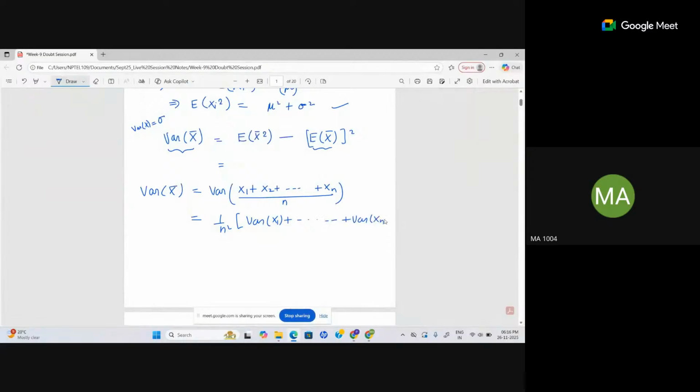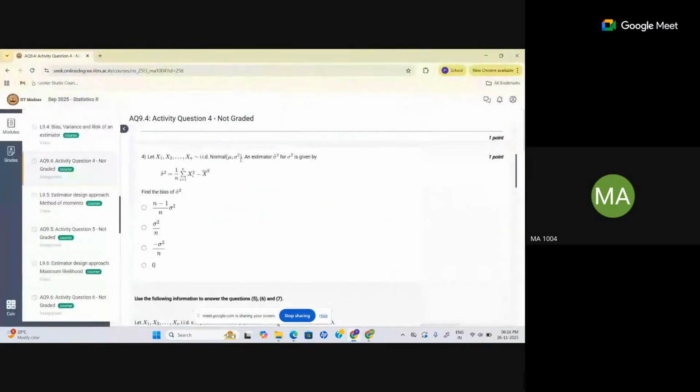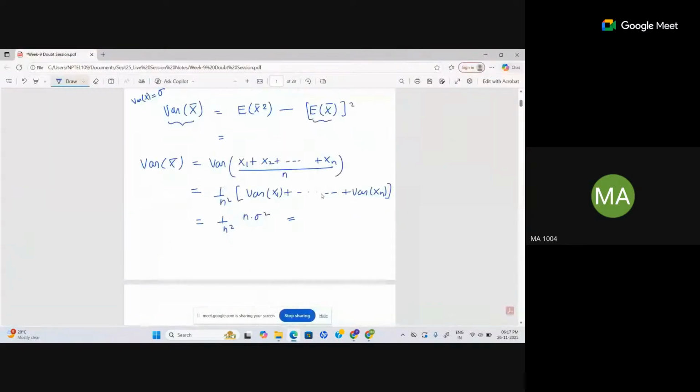Now from here it will be n square, and this will be n times sigma square, because variance of x1, variance of x2, up to variance of xn are all sigma square, as you can see in the question. So this becomes n times sigma square. Ultimately it will be sigma square by n. Now is it clear?